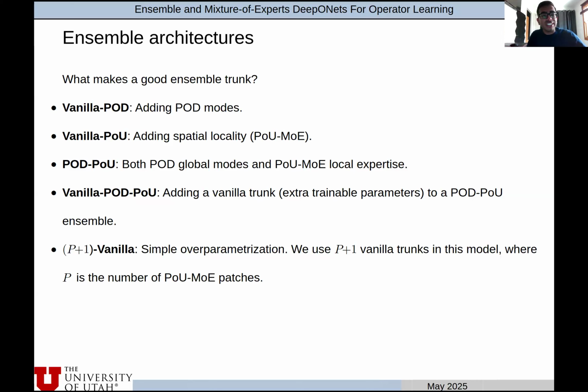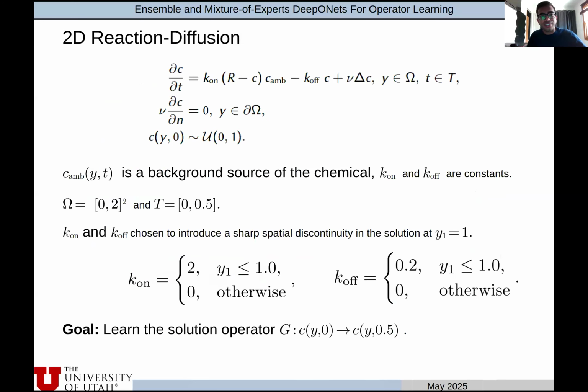And spoiler alert, it turns out that the best architecture among all these is the POD-POU architecture across a variety of problems. So given that, I'm going to move on to some results now.